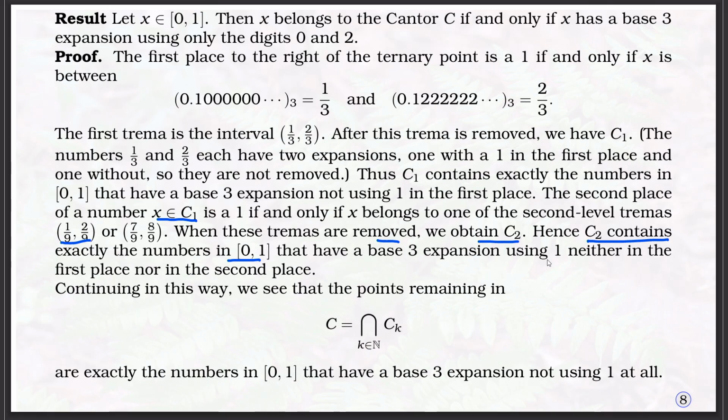So, continuing this way, we see that the points remaining in the Cantor set C are exactly the numbers in [0,1] that have a base 3 expansion not using 1 at all. So, if you want to classify the numbers in the Cantor set, find the base 3 expansions.